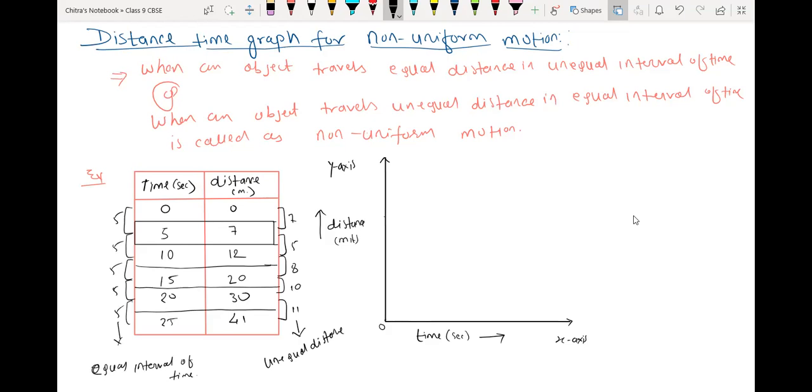Here I'm taking again the values. This is 5, this is 10, here 15, here we have 20, here we have 25, and here 30.